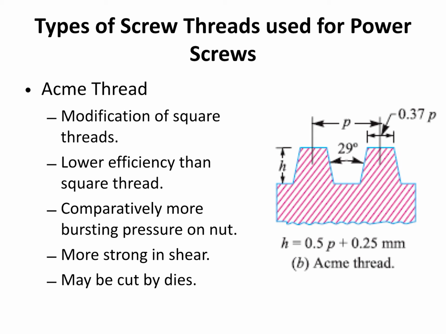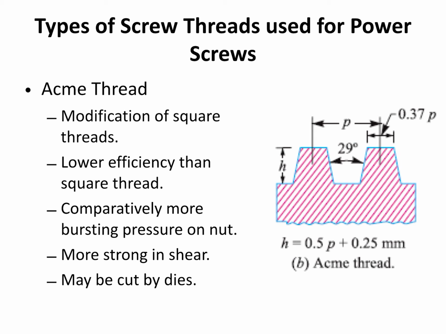If you look at the teeth profile, you can see that the walls of the teeth are not perfectly vertical, but are inclined by 29 degrees. So here again P is the pitch, H is the depth of the thread, and as the walls are inclined by 29 degrees, this is a modification of the square thread.